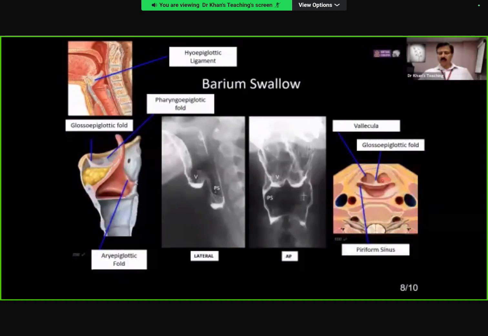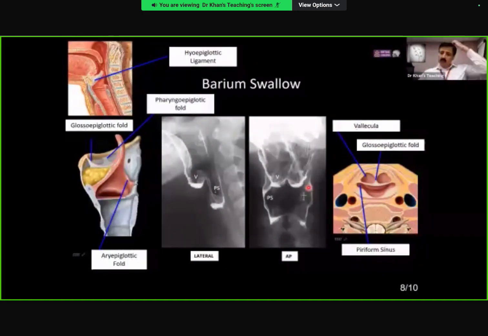This space here is the vallecula, this is the vallecula. This is the piriform sinus, this is the piriform sinus. Take home point, vallecula are anteriorly placed, piriform sinus is posteriorly placed, and piriform sinus ultimately is in continuity with the esophagus. And this is how it projects on a lateral, and this is how it projects on an AP film.